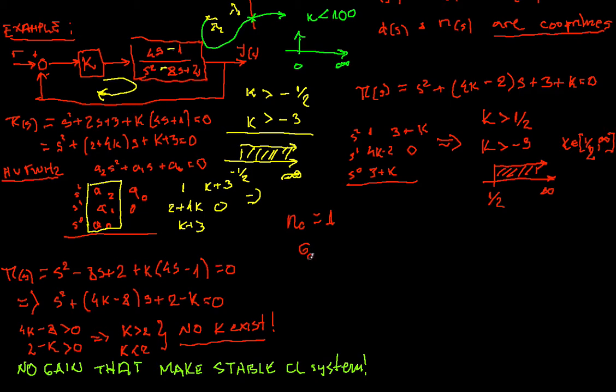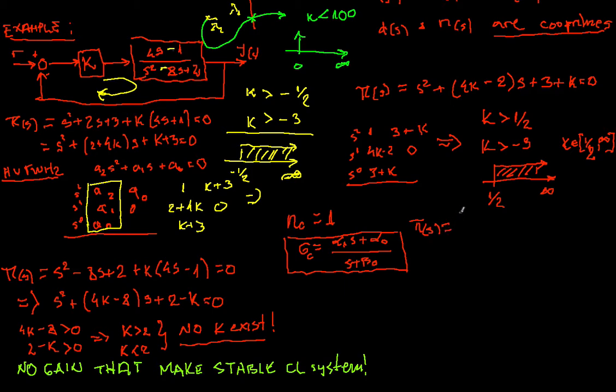Now G of C is alpha 1 s plus alpha 0 over s plus beta 0. So this is the first order controller, which allows us to have more parameters, alpha 1, alpha 0 and beta 0, such that we can utilize them and ensure the closed loop system stability.